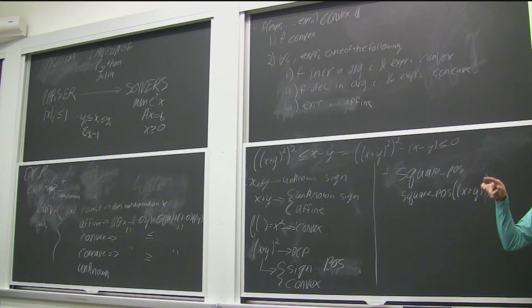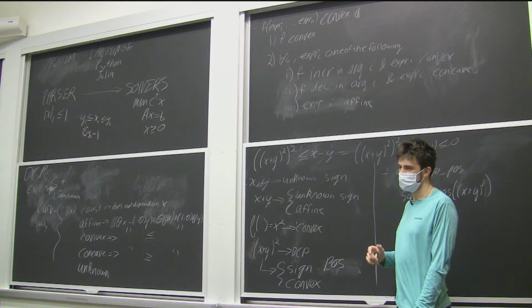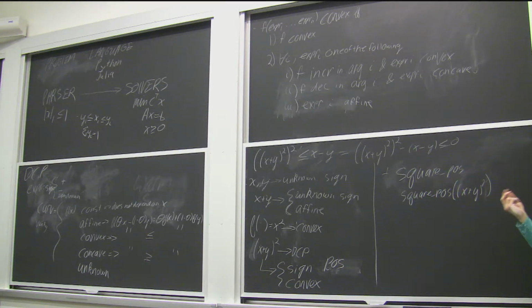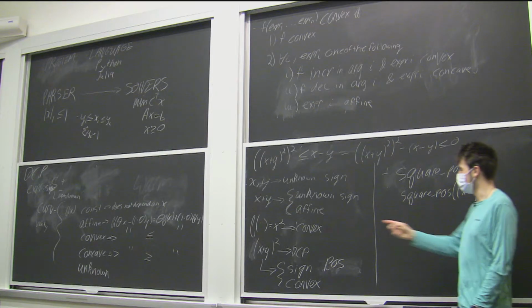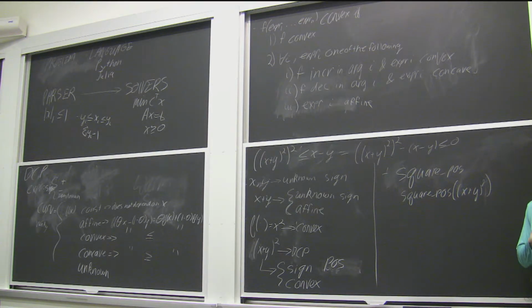Square_pos means that I want the square, but I know the input to the function is going to be positive. X plus y has what sign? So what do we think would happen, actually, if I called square_pos on x plus y in this example, in that first one?